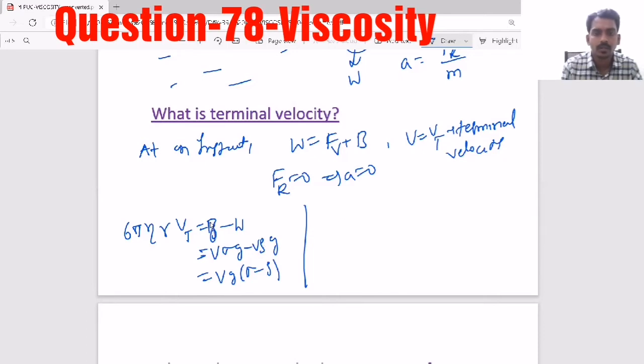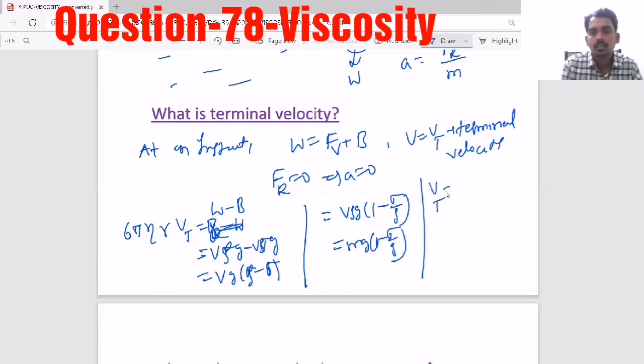Sorry, here I have made a small mistake. It is W minus B. So this is rho, this is sigma. So when you take V rho g common, 1 minus sigma by rho. So mg into 1 minus sigma by rho.